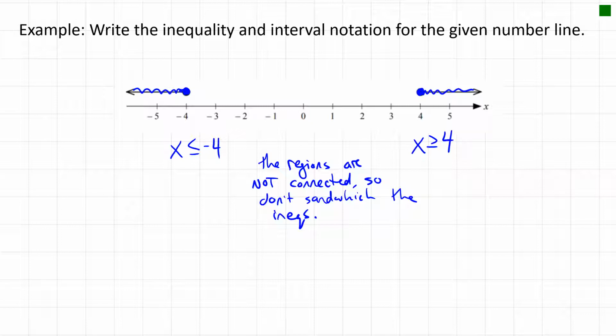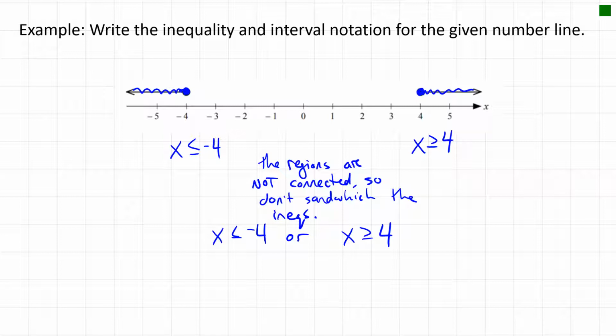We only want to do that when it's a region that's sandwiched on each end by an endpoint. This has two different regions in it, so we don't sandwich the inequalities together. So our answer would just be x is less than or equal to -4, or x is greater than or equal to 4. So you just write x is the first inequality or x is the other inequality.